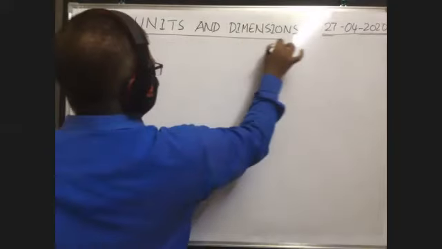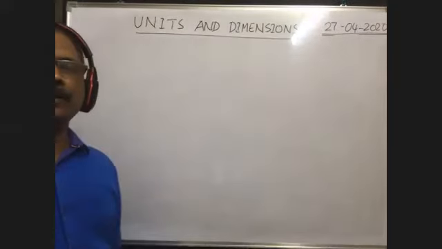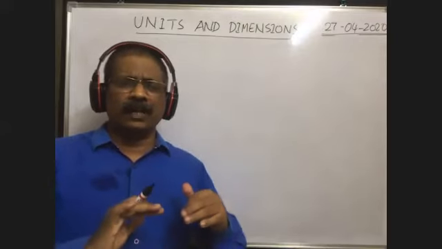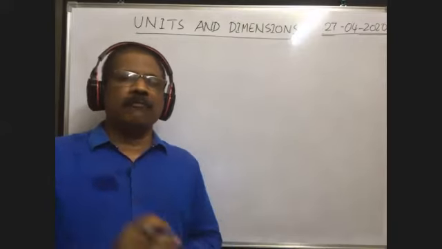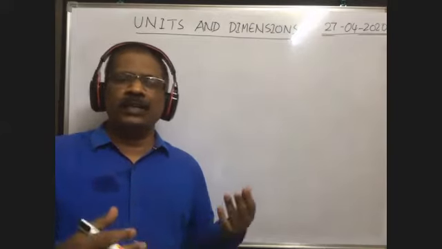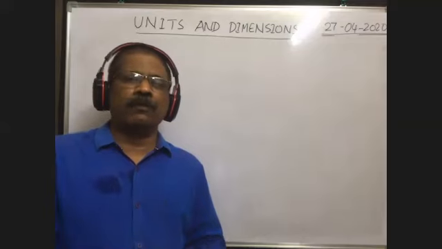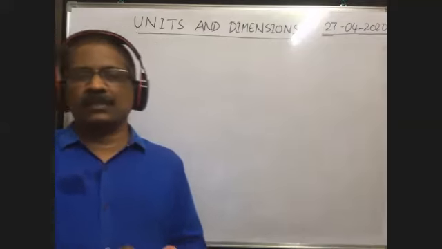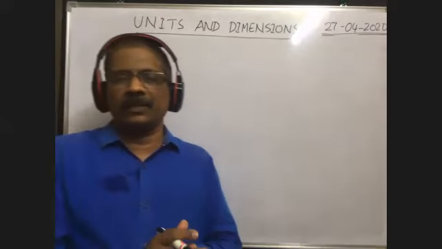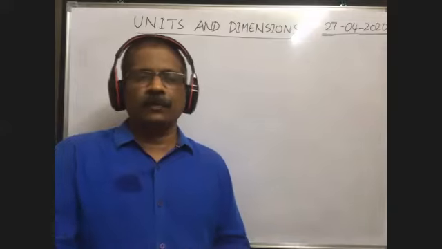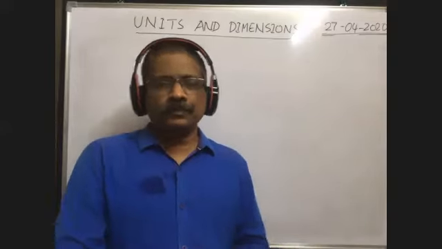Very, very important topic. Of course, it is a simple topic, not much important, but for every point in the remaining chapters, definitely we need units for every quantity. Whatever the dimensions, we have to discuss. Already these were covered in our previous standards, I think. Okay, we recollect them here.